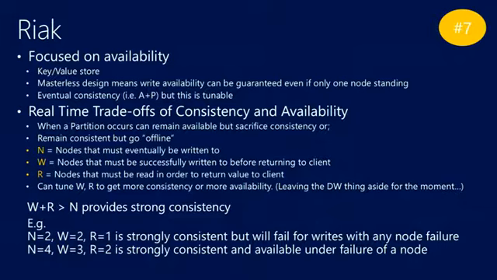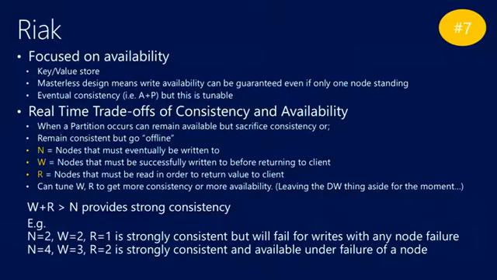For example, if we have 2 nodes, we must write to 2 before we return. Therefore, all of the nodes have the right data set, so when we read, we get the right data set back. If we have 4 nodes, the problem is that with any node failure, we can't write anymore. This is optimized for availability, and really for write availability. So if we lose a node, it stops working.